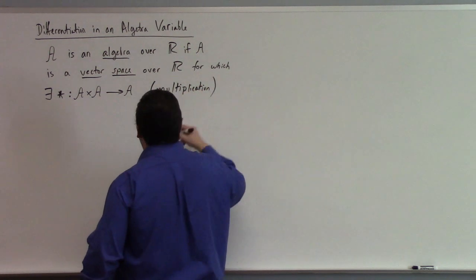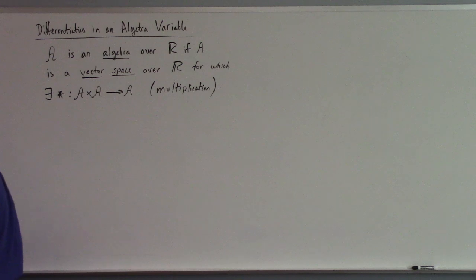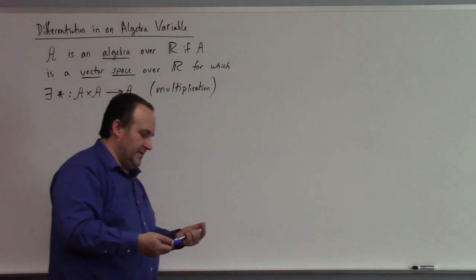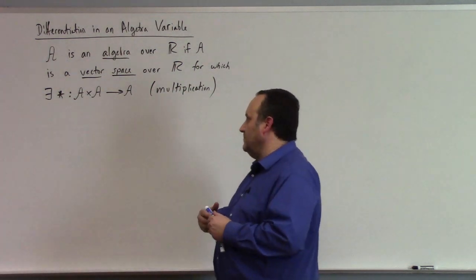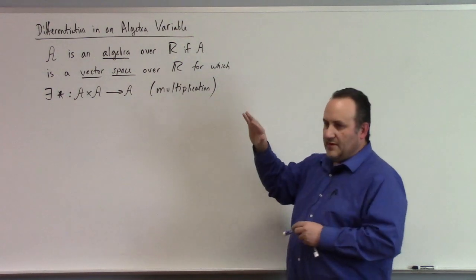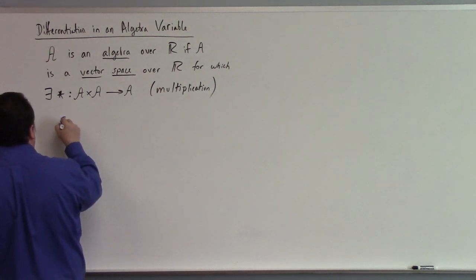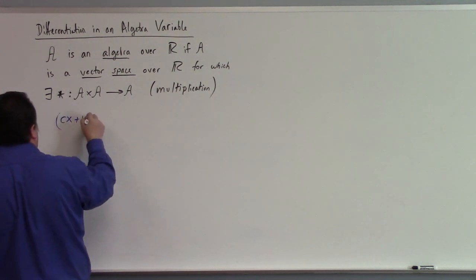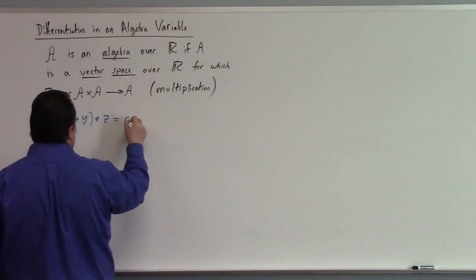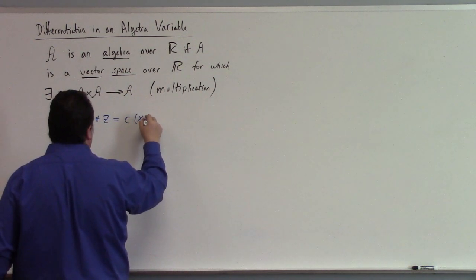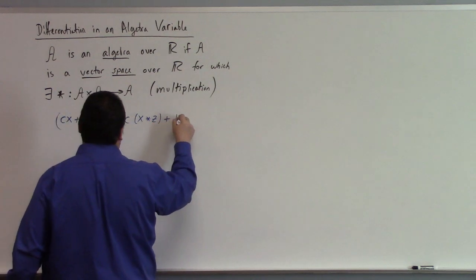And what are the properties of multiplication? The only kind of algebras I'm interested in for this course, and much of what I do research in, are associative algebras. We want this multiplication to be associative. But before that, the algebra is assumed to be bilinear. Let me write down what that means. If we have a constant times x plus y, and we multiply it by z, we pull the constant out: x times z plus y times z.